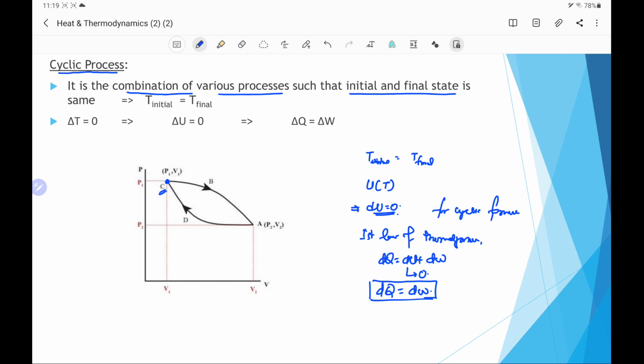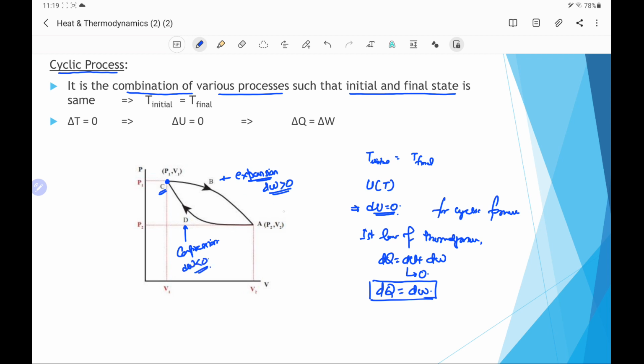Here in the diagram, B is showing the expansion because here volume is increasing, so the work will be greater than 0, that is positive because work is done by the gas. And D is showing the compression, here volume decreases, so work is done on the system, hence the work is negative.